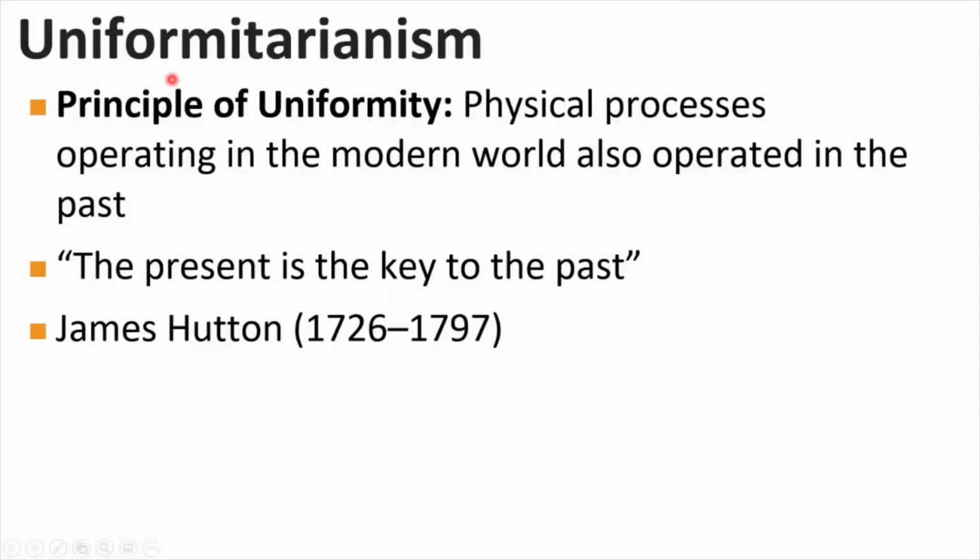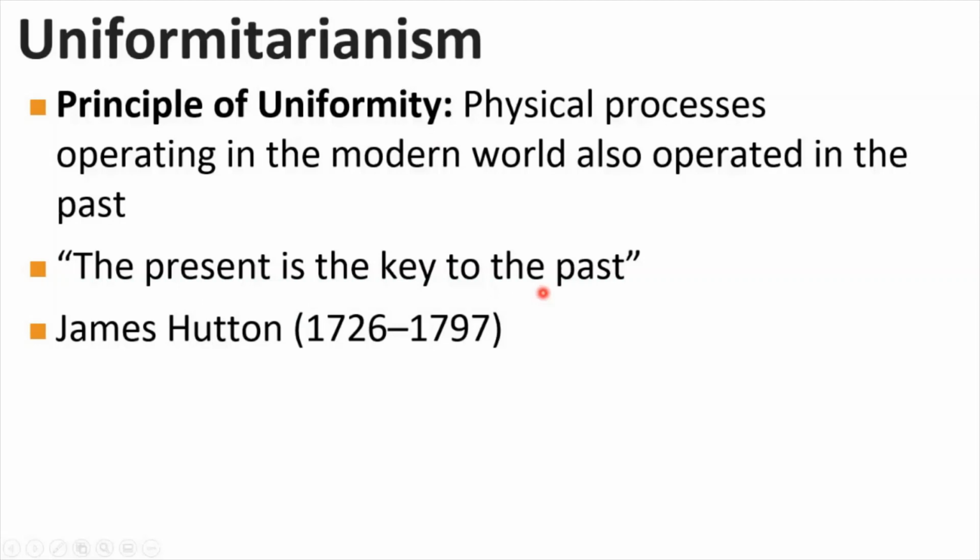Let's discuss uniformitarianism. That is a word salad, so even geologists shorten it to the principle of uniformity. This is where the physical processes operating in the modern world also operated in the past. So the key tenet of the principle of uniformity is the present is the key to the past. The present is the key to the past.